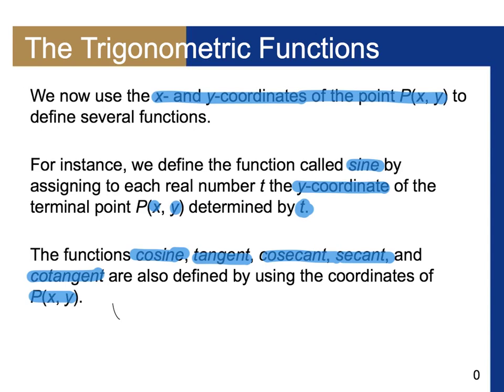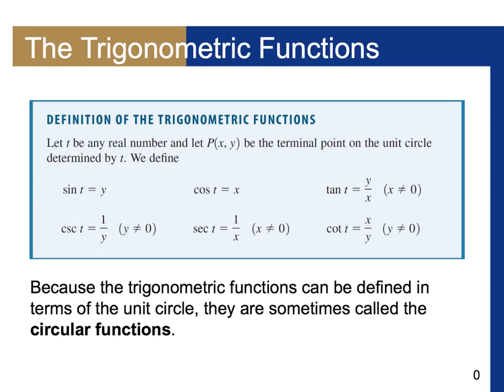When we get that point, x is going to be the cosine of t, and y is going to be the sine of t. So think of it like we have our input t, and we have two outputs. One is the cosine, which is the x coordinate of the point P, and one is the sine, which is the y coordinate of the point P. And t is the distance traveled along the unit circle as our input. So we'll just focus on sine and cosine for now.